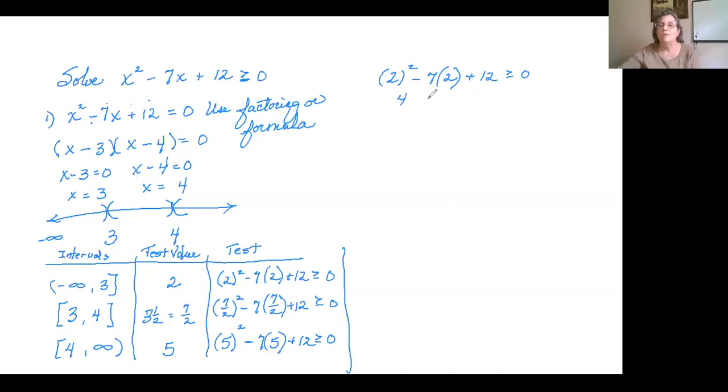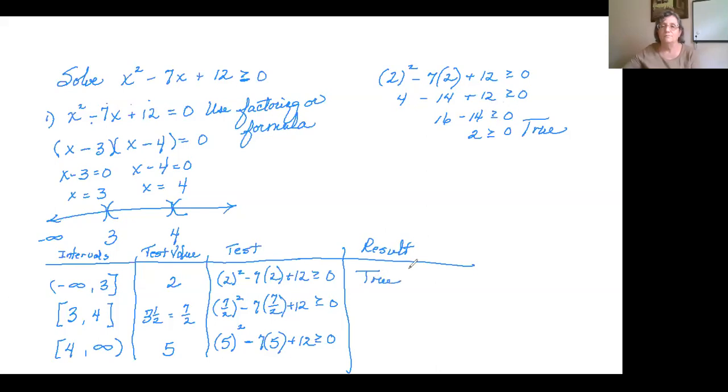This is going to be 4 minus 14 plus 12 greater than or equal to 0. 4 and 12 would be 16. Minus 14 is greater than or equal to 0. 2 is greater than or equal to 0. This is true. So for my result, this one is true.